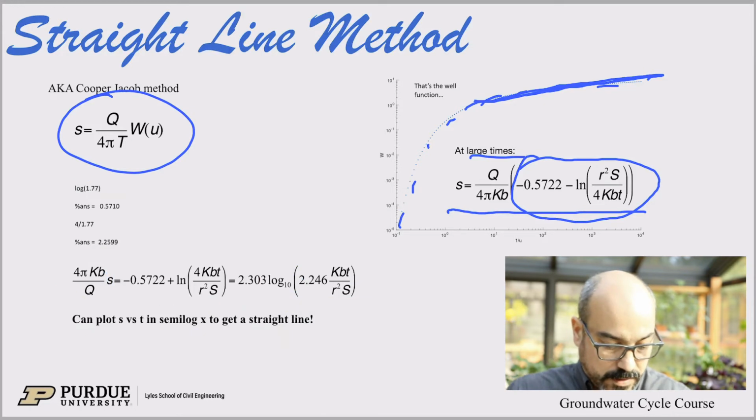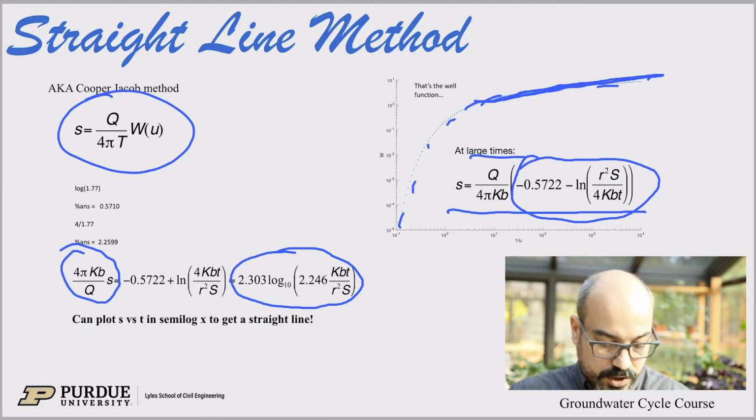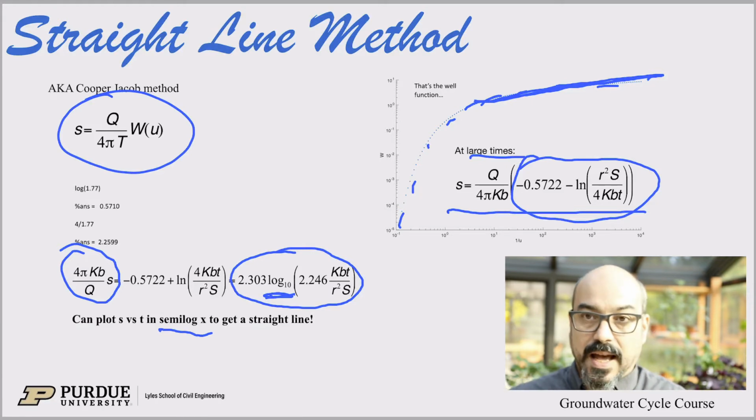So again, if we plot this function in a semi-log x, meaning we keep the log on the x-axis but not on the y-axis, you can see that this is going to essentially visually remove that log on the right-hand side, and now we'll have a straight line with a slope that we can use.